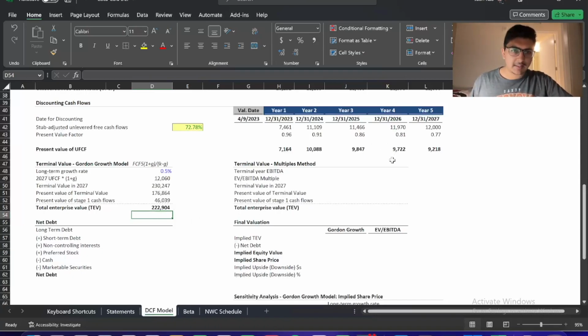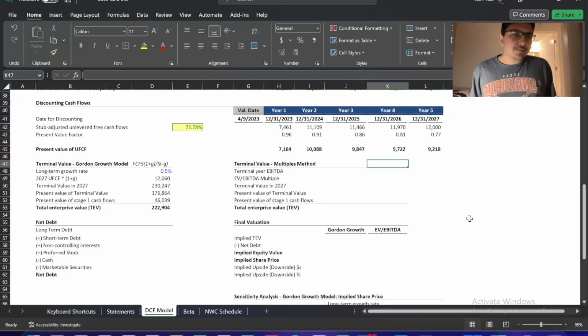But there's another way to get the terminal value, and that is through the multiples method. The way that the multiples method works is you look at enterprise value to EBITDA multiples of similar companies to Coca-Cola. The ones that come to mind are like Keurig Dr Pepper and Pepsi, some others.